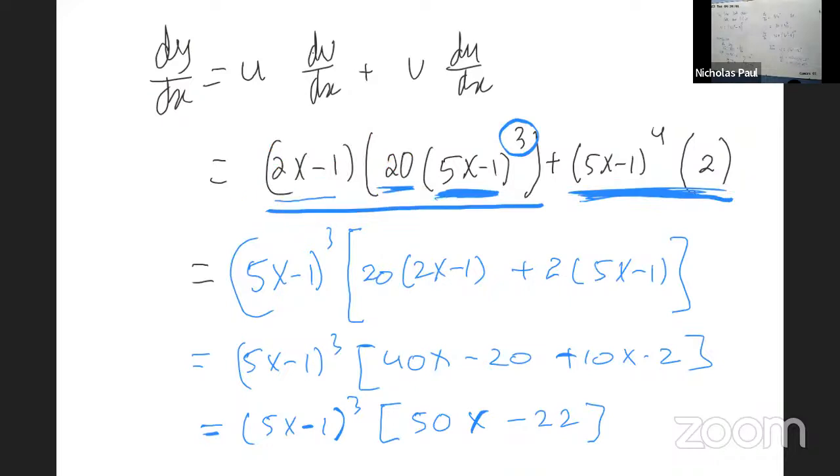To get the full marks, you have to write the part in blue. Copy down. Let's try one.